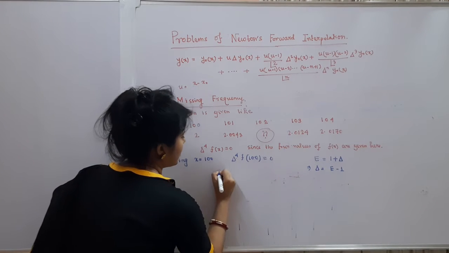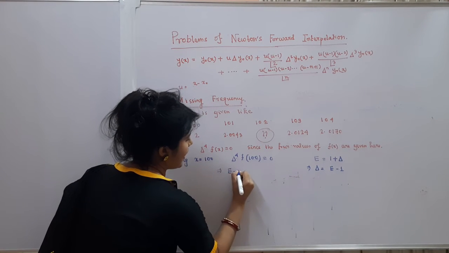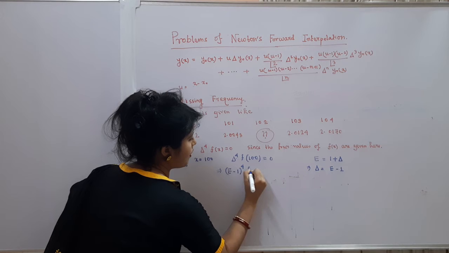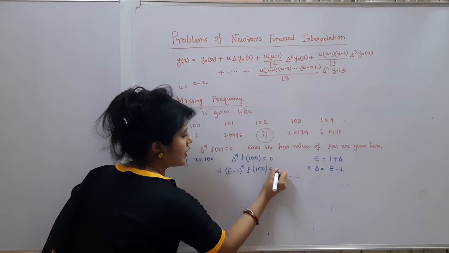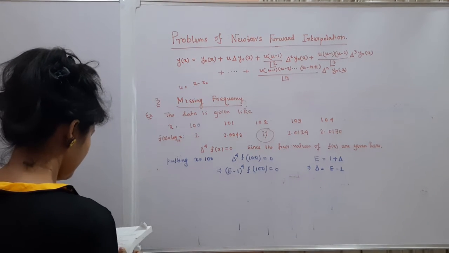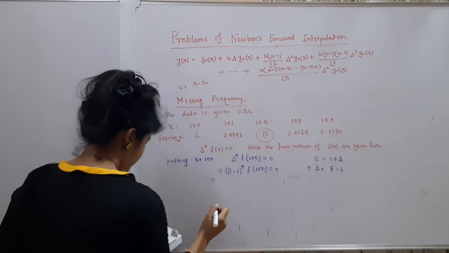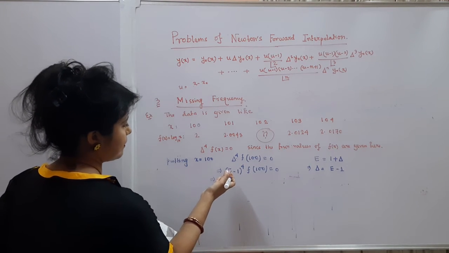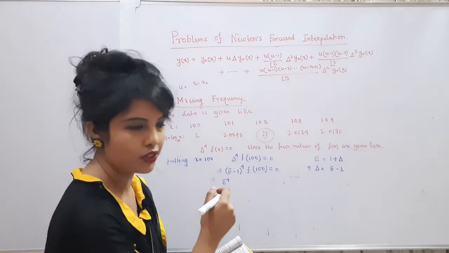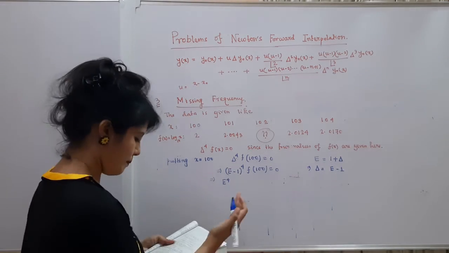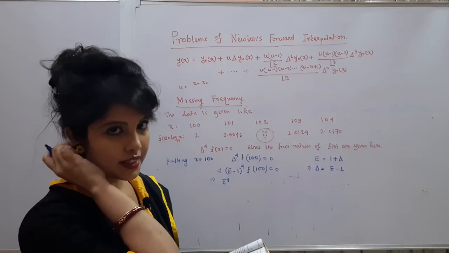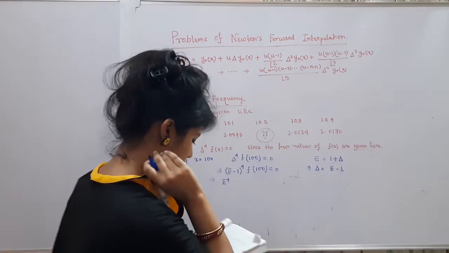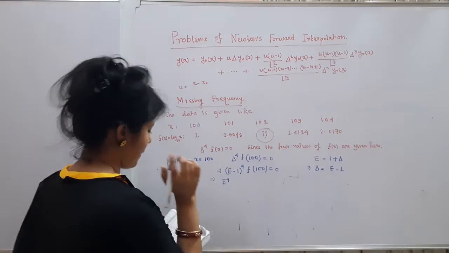Okay. So in the place of delta you can write (E minus 1) to the power 4 f of 100 equals 0. Now (E minus 1) to the power 4 means, if I find the formula for (x minus 1) whole to the power 4, then it is x to the power 4 minus 4x cube plus 6x square minus 4x plus 1.